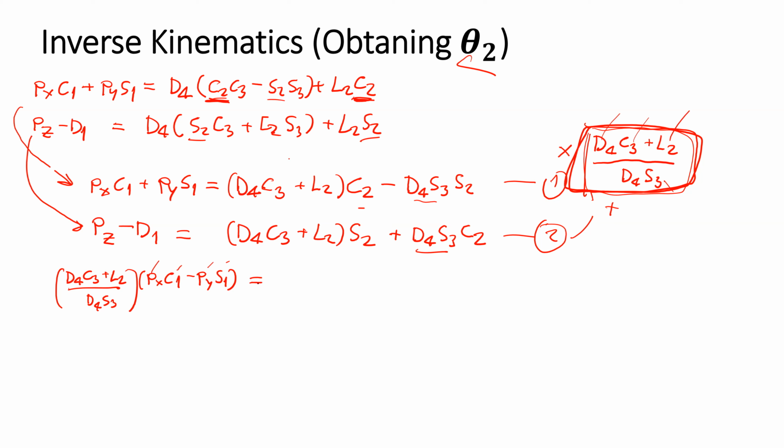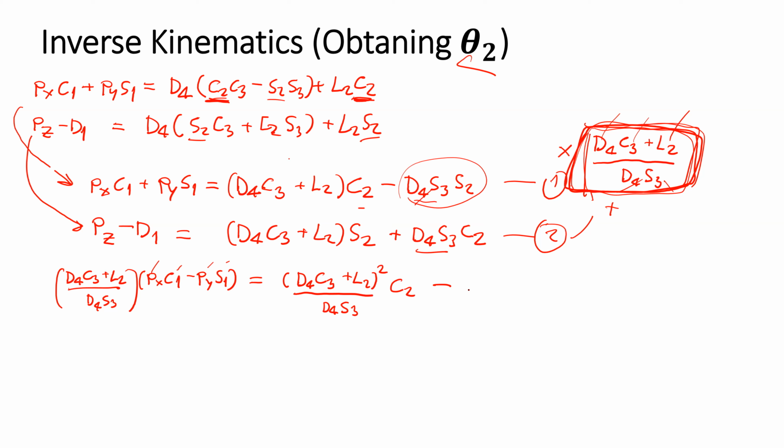Okay, for the right-hand side, if we multiply this to the first equation, what we have is D4C3 plus L2 squared and divided by D4S3 and C2. And for the second term, if we multiply this to this, it can cancel this one.